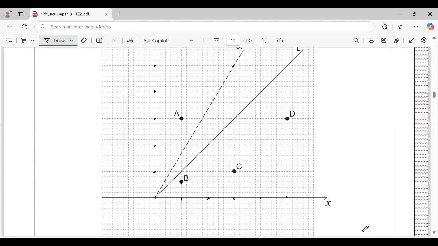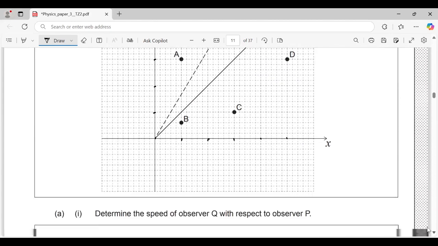And then to find the speed of observer Q relative to observer P, we can use the slope of the ct' axis. The slope of the ct' axis, based on the coordinates, is ct' over x. So the slope, I'm going to write it here.